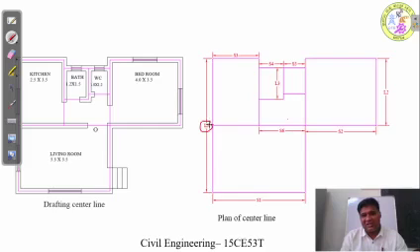This same length is also available here, so I am going to consider this also L1. I am going to mark it as L1, two numbers. Then here there is a wall, I am going to nominate it as L2. There are two walls, this is one number and two number.